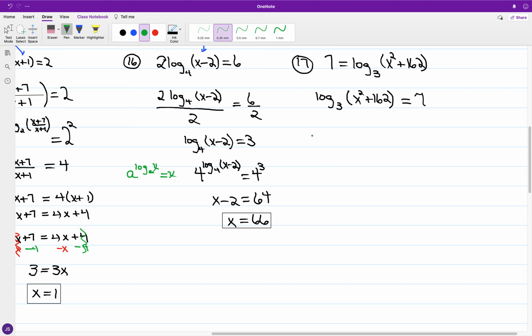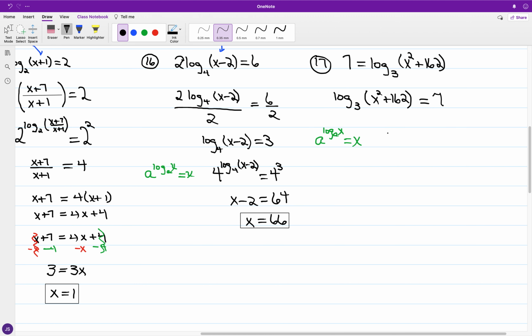Again, applying the property a to the base a log of x is equal to x, with a at 3, both sides of the equation will be powers to which the exponential base 3 will be raised. So we have 3 to the base 3 logarithm of the quantity x squared plus 162 is equal to 3 to the 7th.